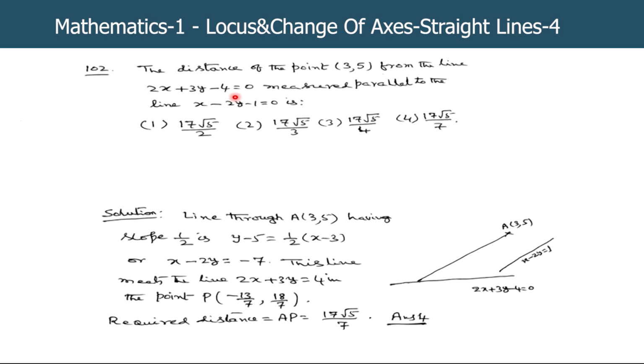The distance of the point 3, 5 from the line 2x plus 3y minus 4 equal to 0, measured parallel to the line x minus 2y minus 1 equal to 0, is so and so.